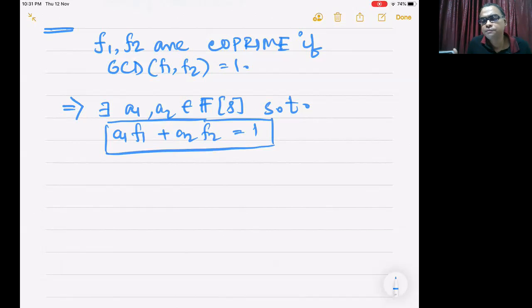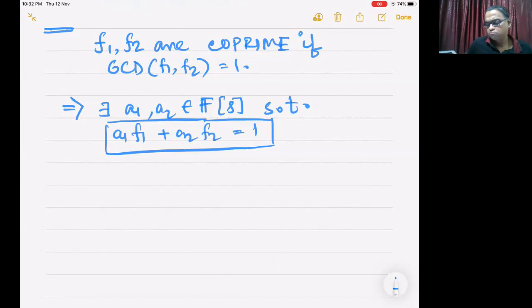You replace s by x, you replace s by whatever you feel like. It will still be true as long as that variable admits taking various powers and taking linear combinations with coefficients coming from the field, right? So in the polynomial ring, this is true. This is the Aryabhatta-Bezu identity.